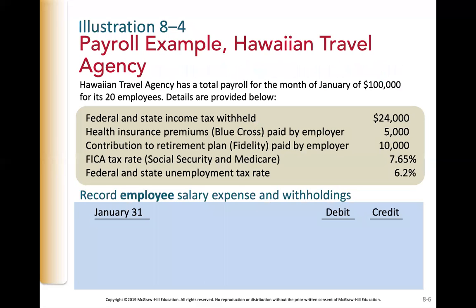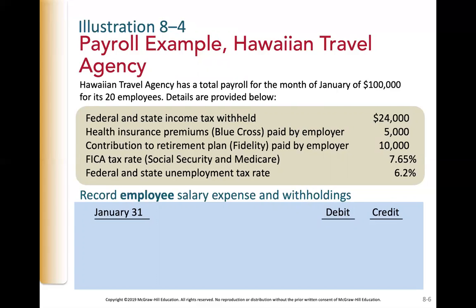So this is the example we're going to work through to look at these transactions. Hawaiian Travel Agency has total payroll for the month of January of $100,000 for its total employees. Details are provided below. Federal and state income tax withheld equals a total of $24,000.